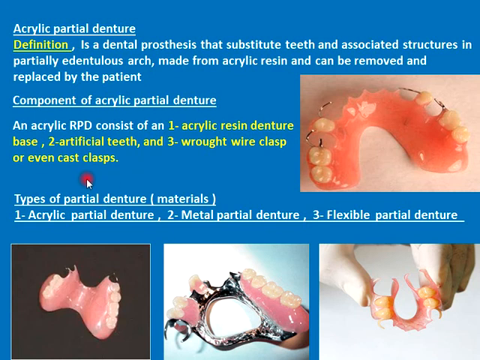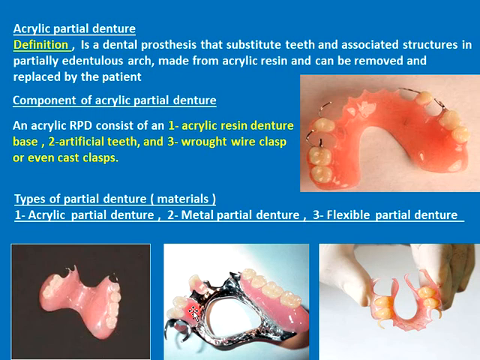Now, there is something I would like you to draw your attention to. When you say types of partial denture, what do we mean by types of partial denture? Mostly we mean the material, which type of material the partial denture is made of. We have the acrylic partial denture, we have the metal partial denture, which is usually chrome cobalt or titanium or any other new metal, Vitalium.